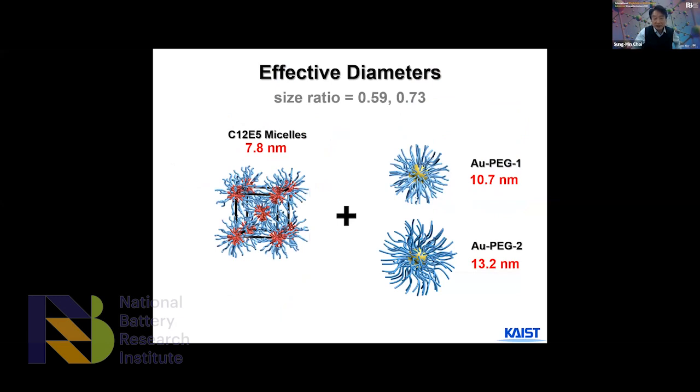Okay, the size ratio here is 0.559 and 0.573. This is the overall size of my cell, and this is the overall size of the nanoparticle functionalized with PEG.